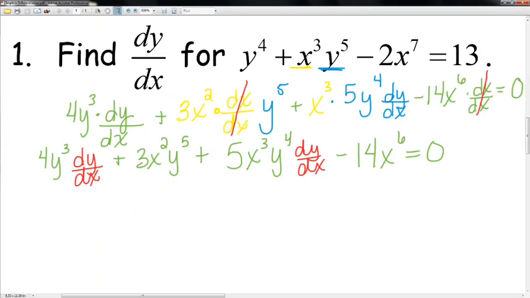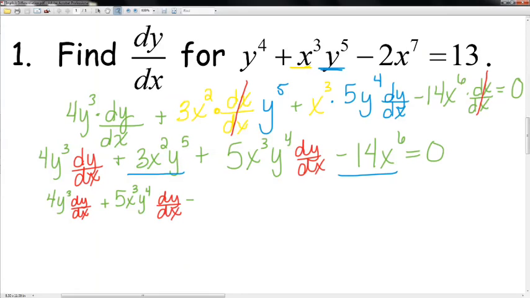And so I'm going to underline these: these are the terms that don't have dy/dx attached to them. So I'm going to move them to the right side. So I'm going to rewrite everything else. 4y to the 3rd dy/dx, plus 5x to the third y to the fourth, again dy/dx.